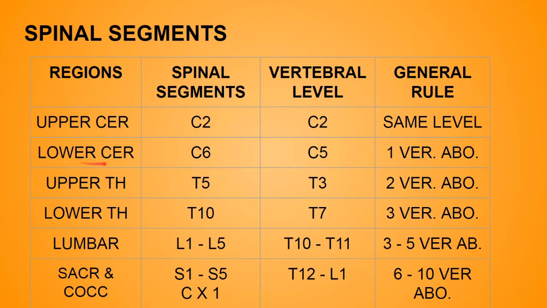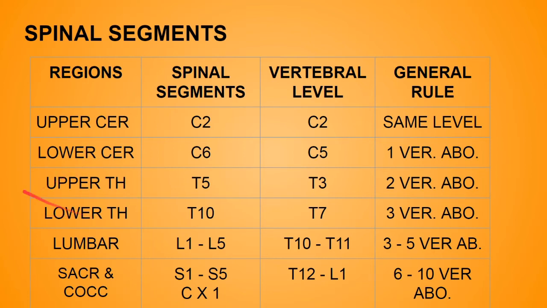Now this lower cervical level only goes up to C7. But what about C8? We all know that we have only seven cervical vertebrae, but the cervical spinal nerves go up to C8. So remember, the C8 spinal nerve is attached between the C7 and T1 vertebrae.